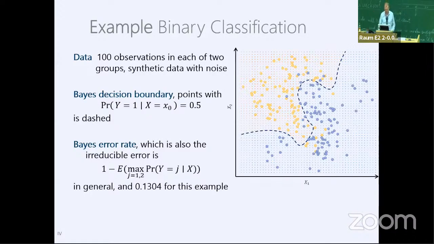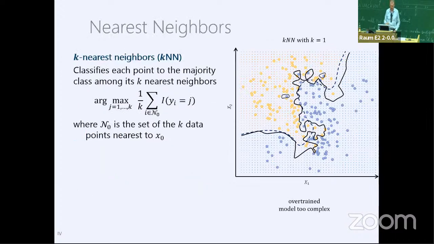Okay, now let's throw some k-nearest neighbor at it. This is for k is 1, so we already know that this is very overfitty. It's way too variable. As you can see, the solid black line is very, very squiggly. You can also see that with k is 1, it essentially carves out areas exactly around training points.